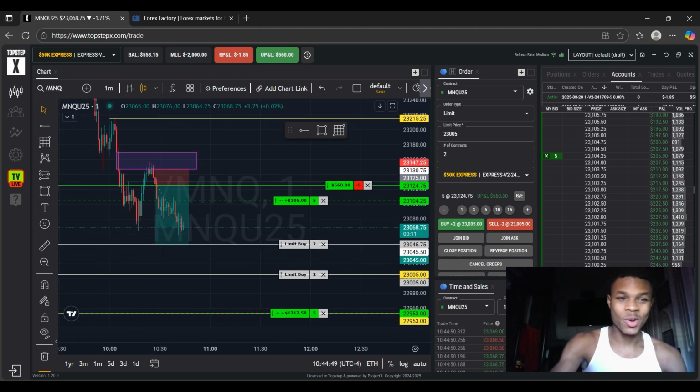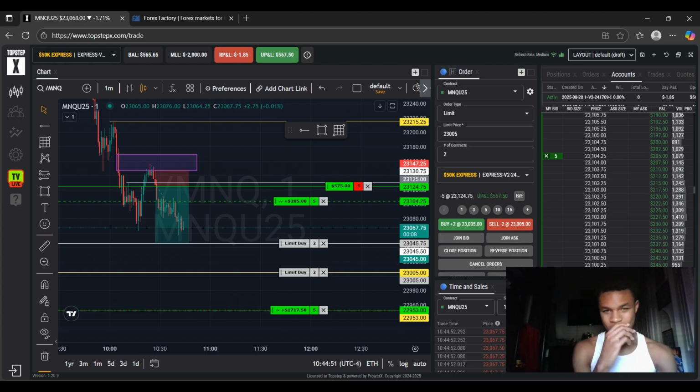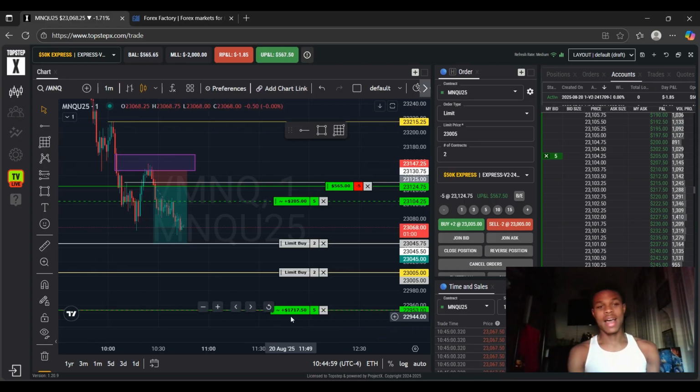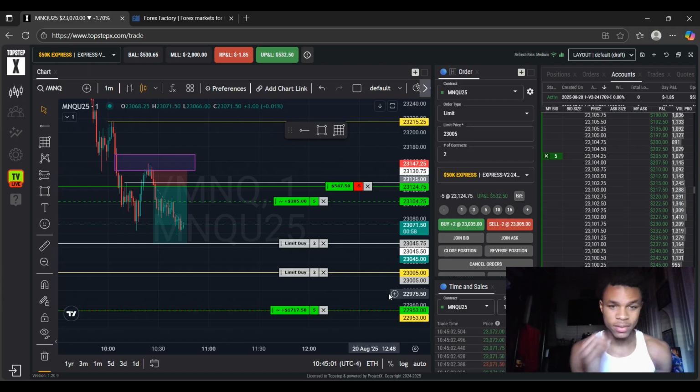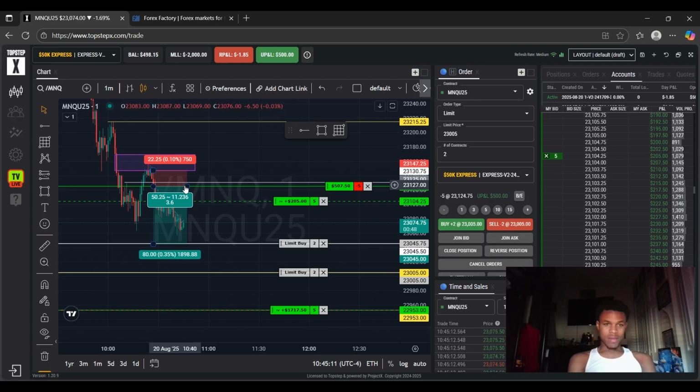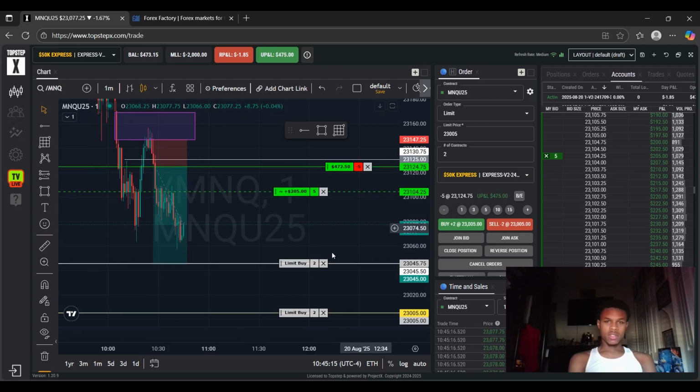Now, if this was like 2 contracts of mini NQ, bro, this would probably be like a $5,000 take profit. And I'd be panicking right now, bro. Like I would not stop watching it. That stop loss would be like where that stop loss was at, that'd have probably been like $600.